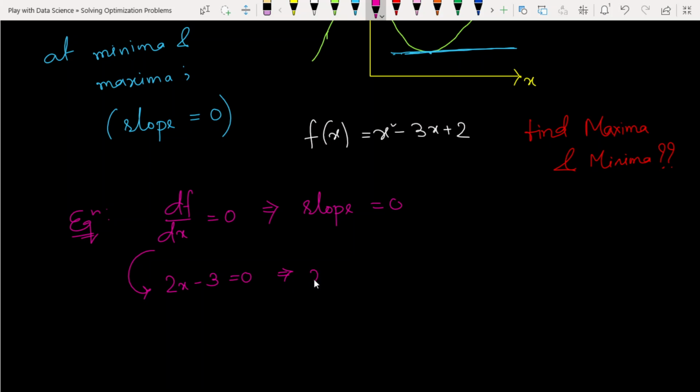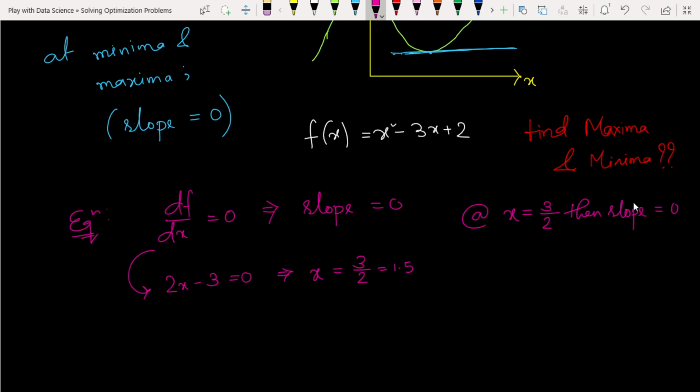That implies x equals 3 by 2, that is 1.5. So when x's value is 1.5, our slope value is equal to 0.